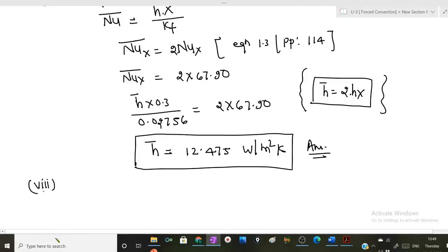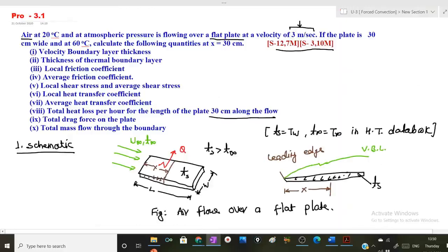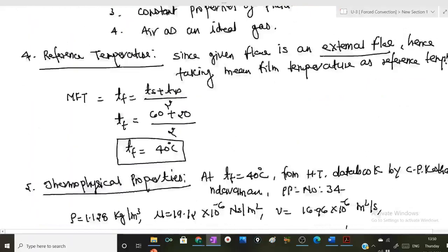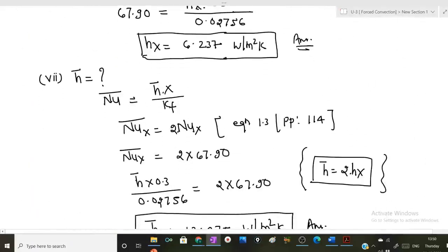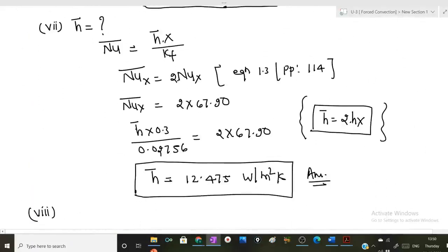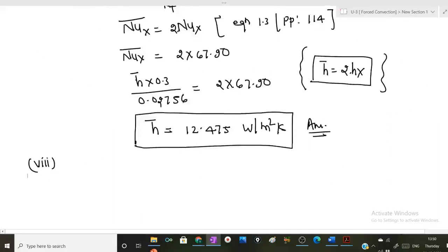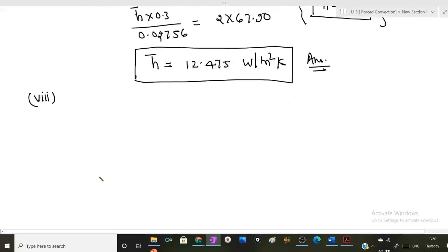What is the next point? Total heat loss per hour for the length of the plate, 30 centimeter long. So we are supposed to calculate the heat transfer rate actually.